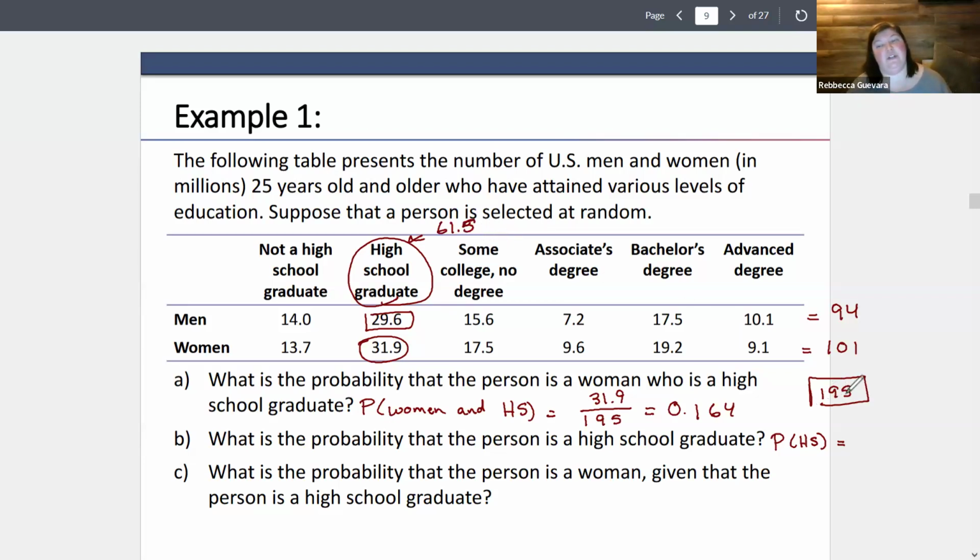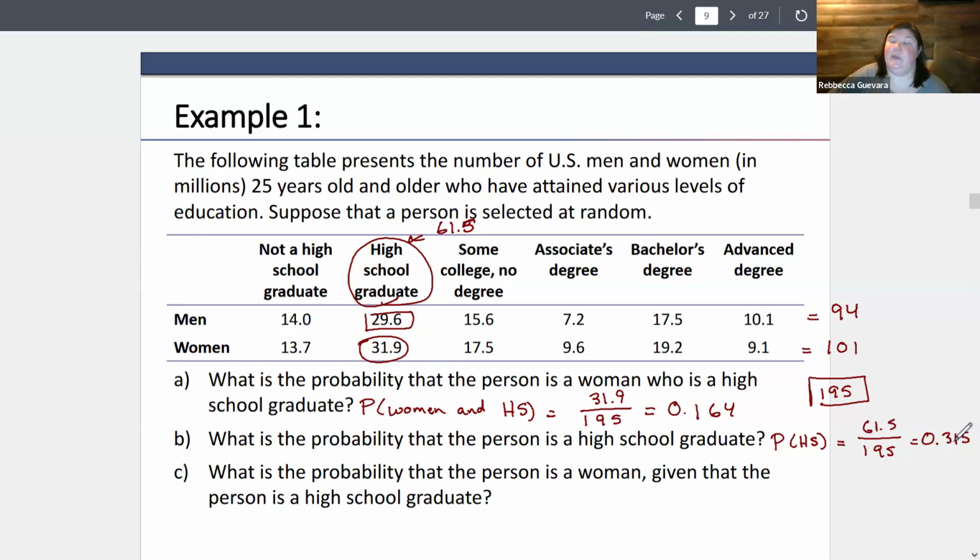So out of my 195 million people, 61.5 million have graduated high school. And this is almost a third of my whole population are just high school graduates.